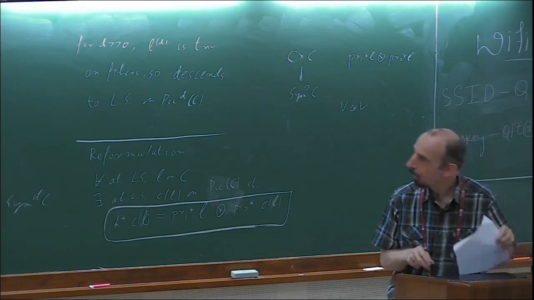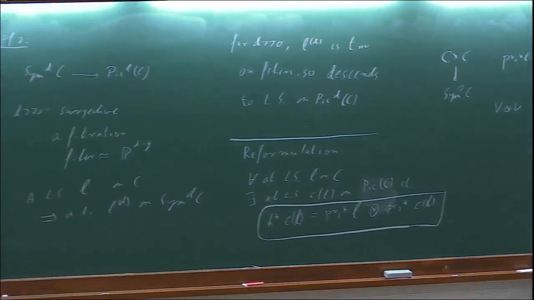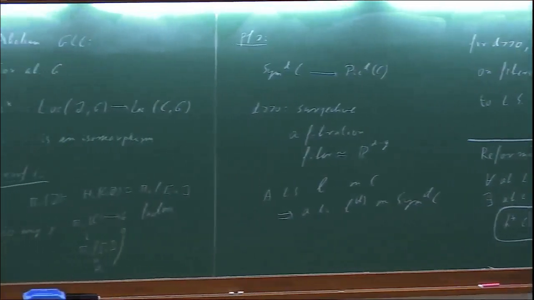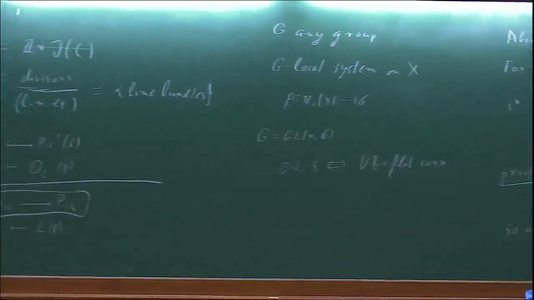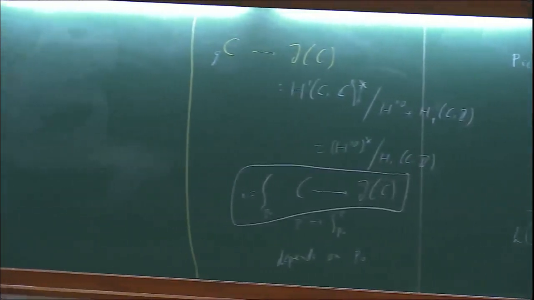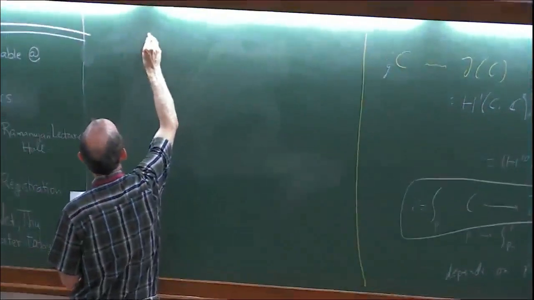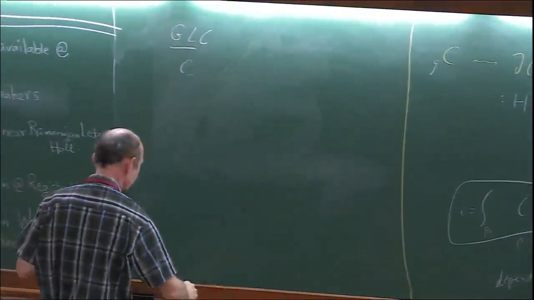Okay. So the geometric Langlands conjecture is a hoped-for generalization of this to the non-abelian case. So we still have a curve C in the picture.